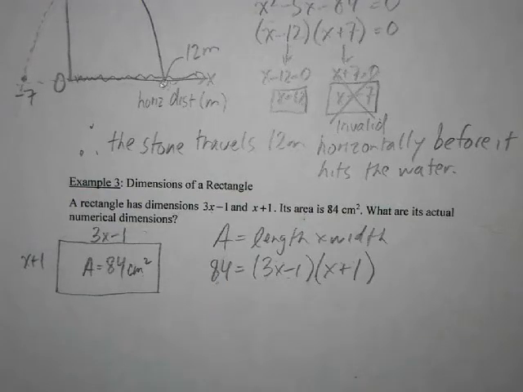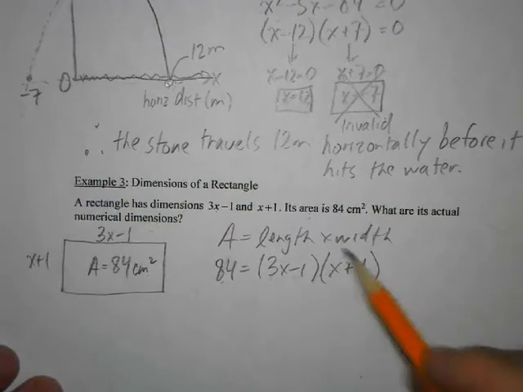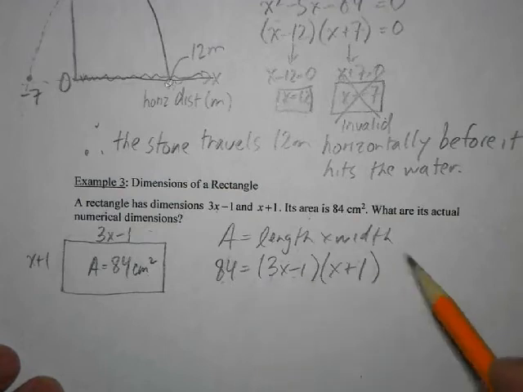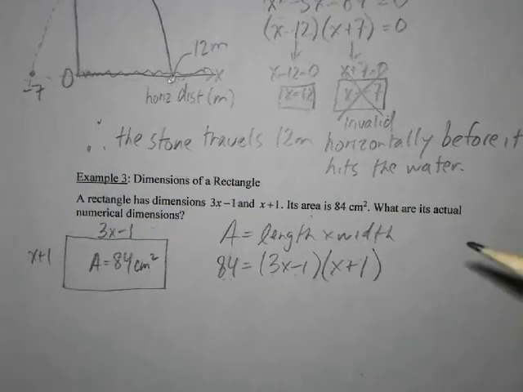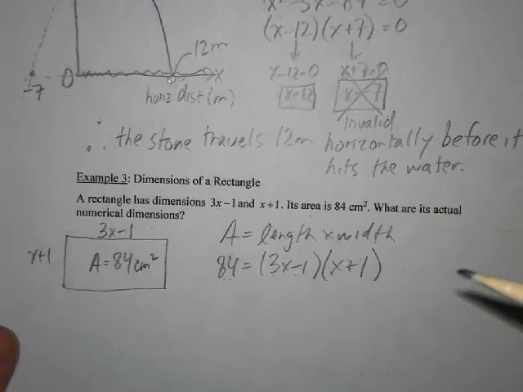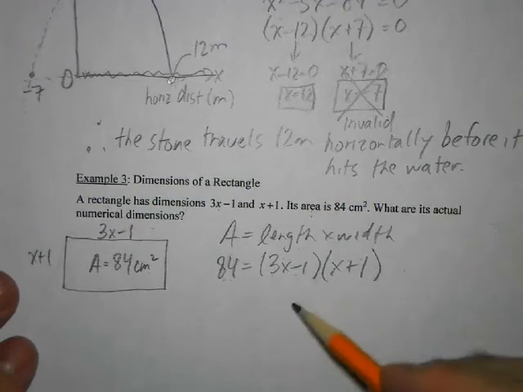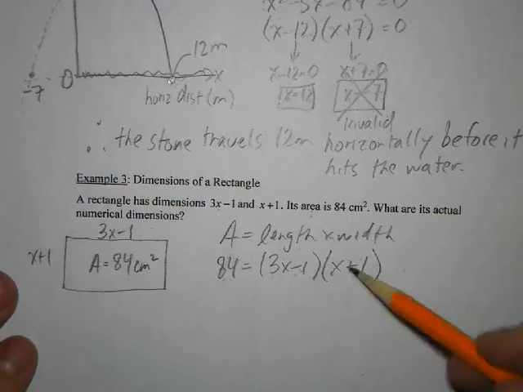So unfortunately this is actually going to be more work, because we have to expand this, then subtract 84, and then factor again. So it's not quite as bad as it might seem, but it's not quite as easy as it might seem since it's already factored.